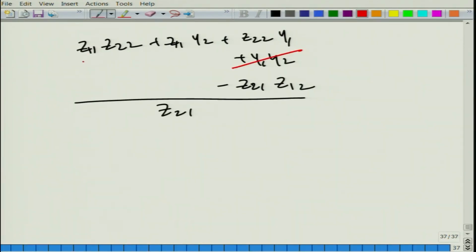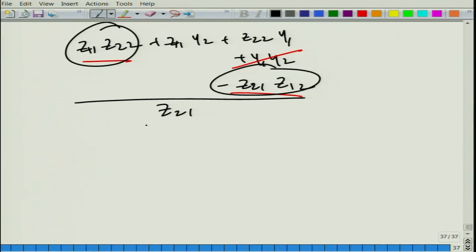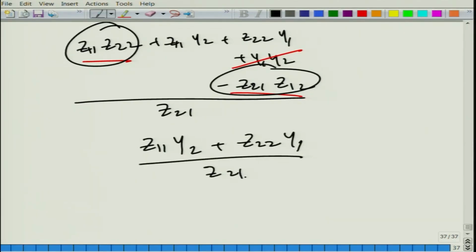And if each of the parameters goes to infinity at the same rate, then Z11, Z22 are all, for a reciprocal and conservative system, purely imaginary. So when they all tend to infinity at the same rate, this term can be ignored or they cancel out, and you get Z11 Y2 and Z22 Y1 Z21, and this is 1 by 4 times Y1 Y2 log of this.